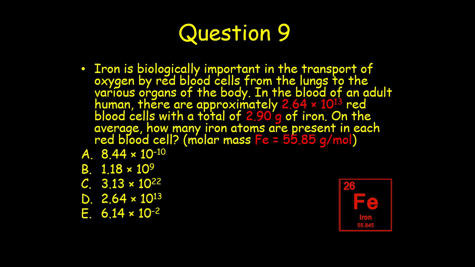Molar mass of iron equals 55.85 grams per mole. The options are: 8.44 times 10 power negative 10, 1.18 times 10 power 9, 3.13 times 10 power 22, 2.64 times 10 power 13, 6.14 times 10 power negative 2.